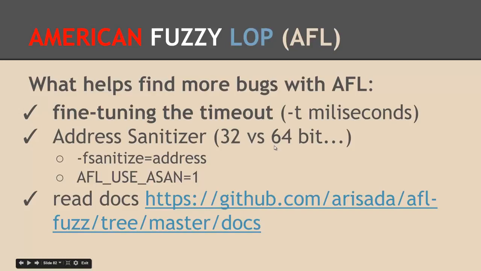Now, I've had problems using the 64-bit version of ASAN with AFL, and so I recommend if you're going to use Address Sanitizer, do not do it on large binaries. If it's a large binary and you're targeting just a shared library like a codec, then it might be doable. And in such a case, try to target the 32-bit version, because that I've had less buggy results.